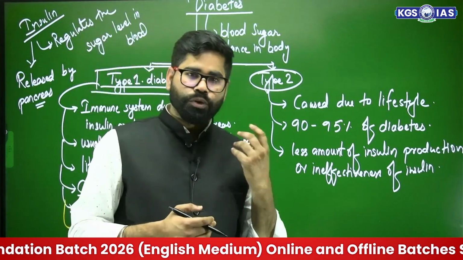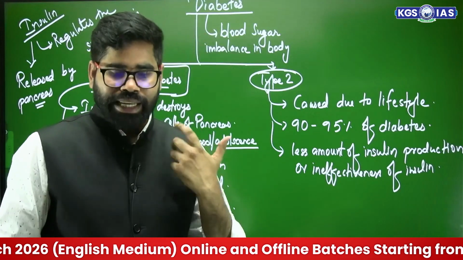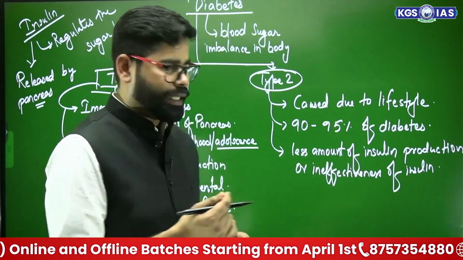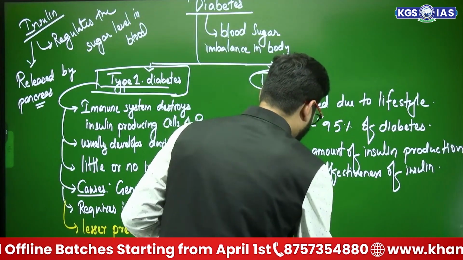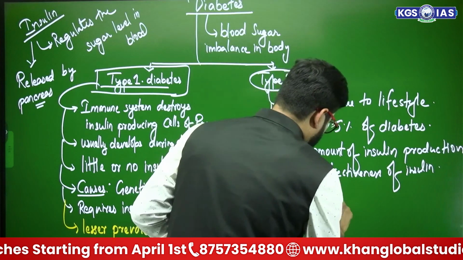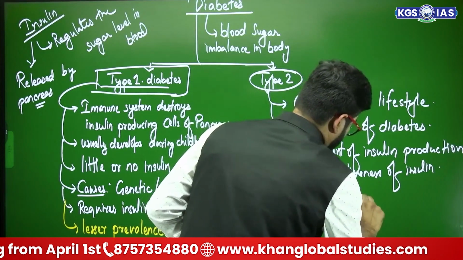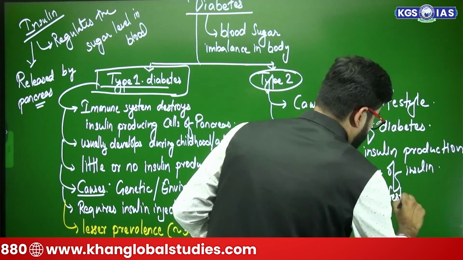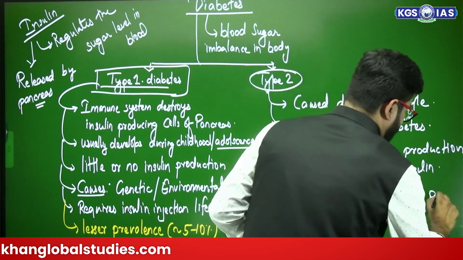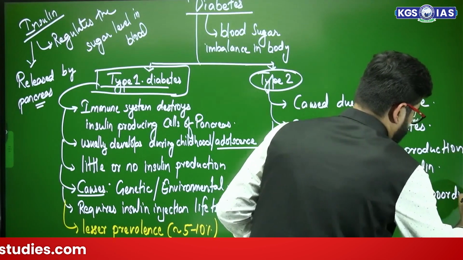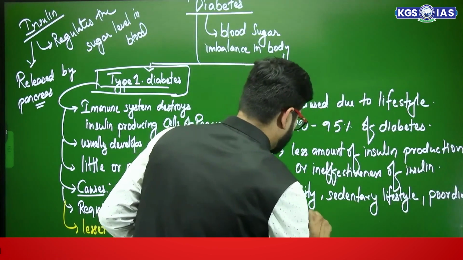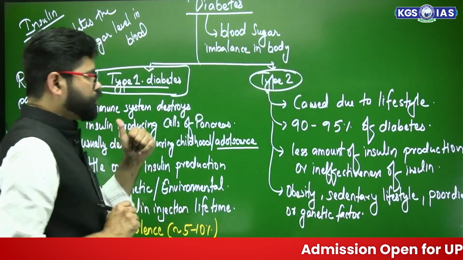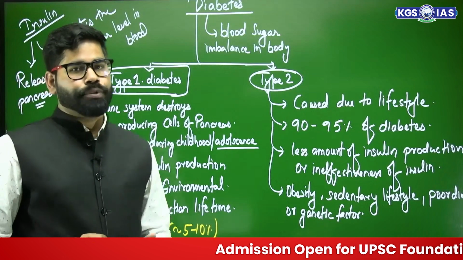Generally, those people who have obesity, sedentary lifestyle, poor diet, or genetic factors are generally responsible for this type 2 diabetes.